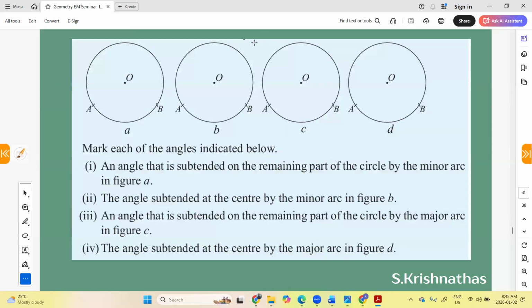Right, here are some diagrams, students. If you understand minor arc, major arc, subtended angle at the center, and subtended angle at the remaining part of the circle, you can answer this question. I can give 2 minutes.